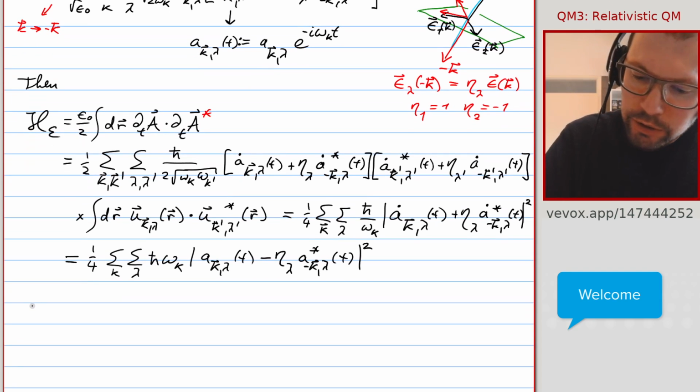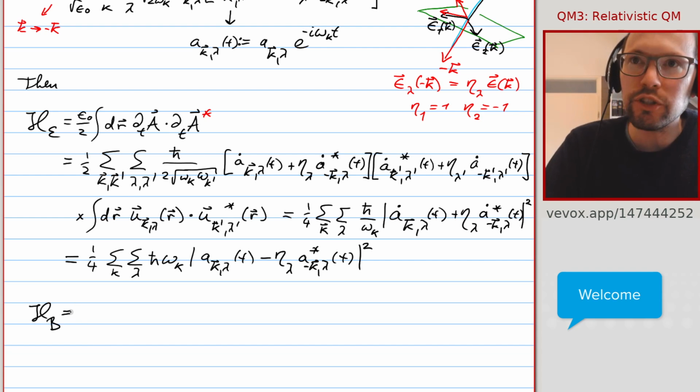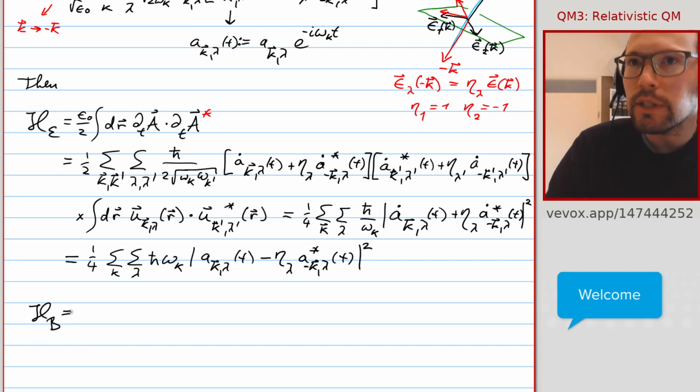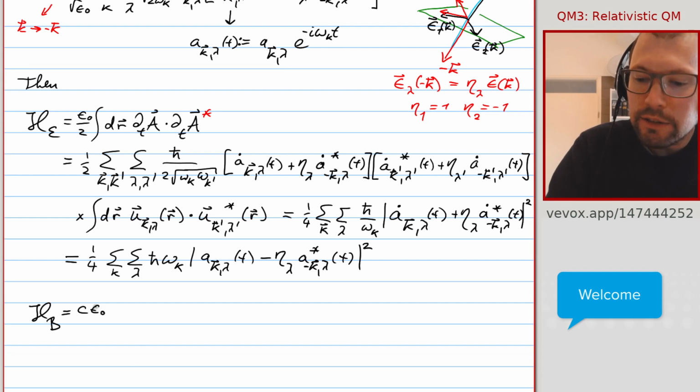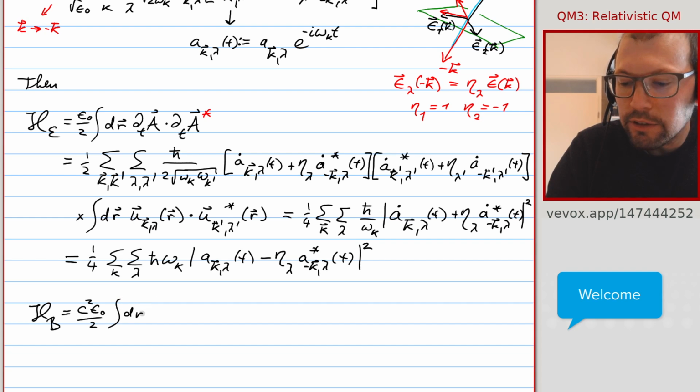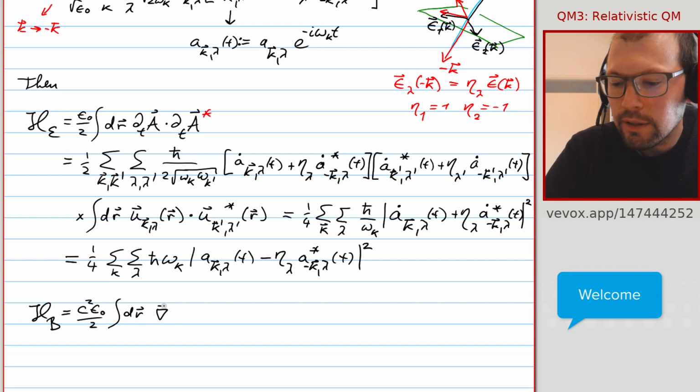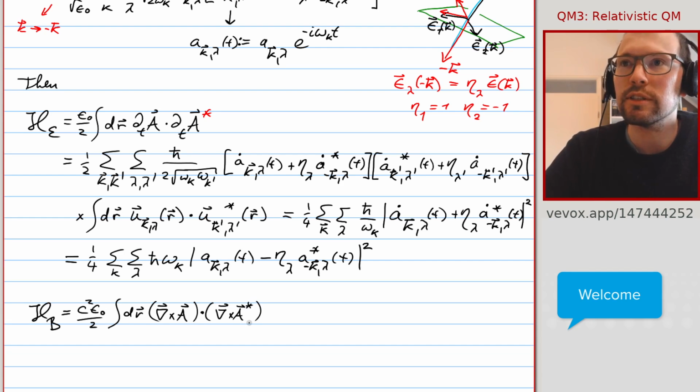So I'm not going to do explicitly the magnetic field contribution. So let me just quote the result. For that, we have to evaluate this integral. So taking the curl of A and the curl of its complex conjugate.